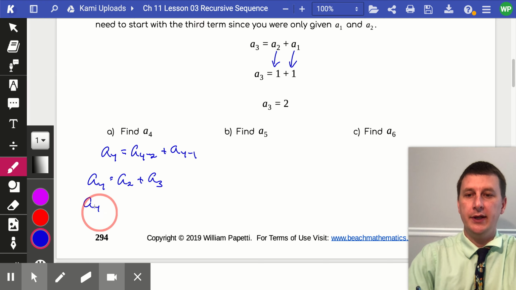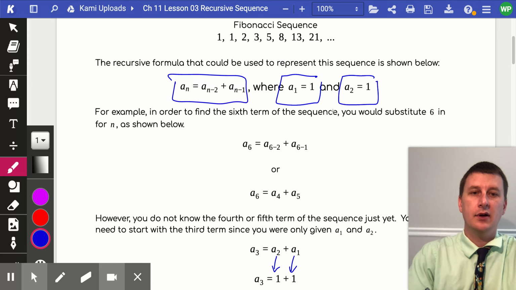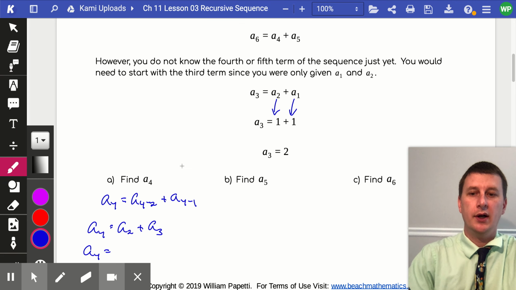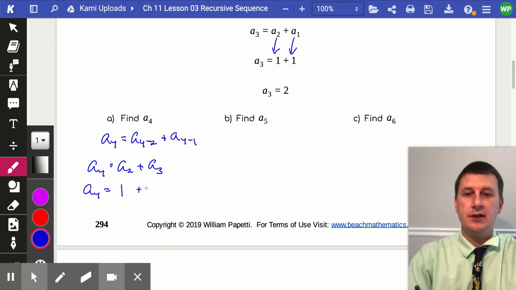Let's see what we know. A sub 2, we know from up above, is equal to 1, so I'm going to replace that with a 1. And we just found that a sub 3 was equal to 2, so I can replace that with a 2, which means that a sub 4 is going to be equal to 3.